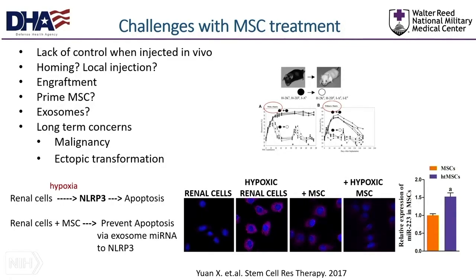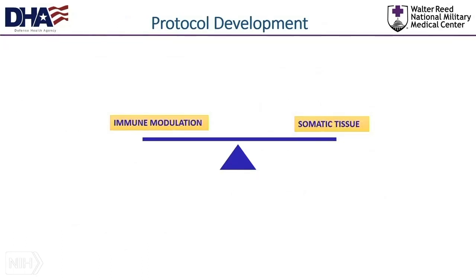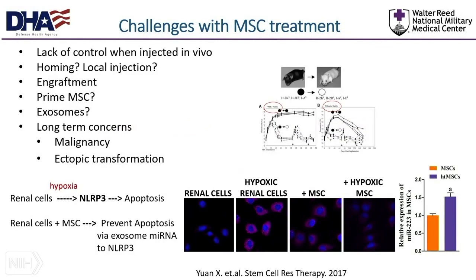And the last data is that the exosome content can be inhibitory on the inflammasome, NLRP. This was done in a kidney epithelial cell model. When you expose these cells, you can induce apoptosis. And in the presence of mesenchymal cells, you prevent apoptosis. And this shows the NLRP3 activation.